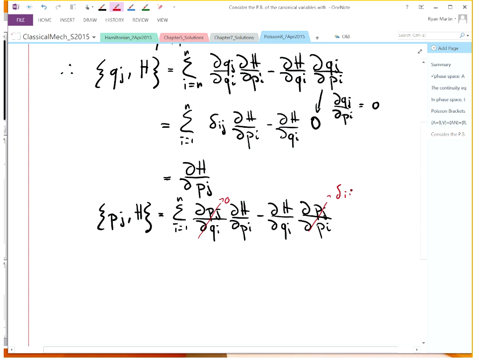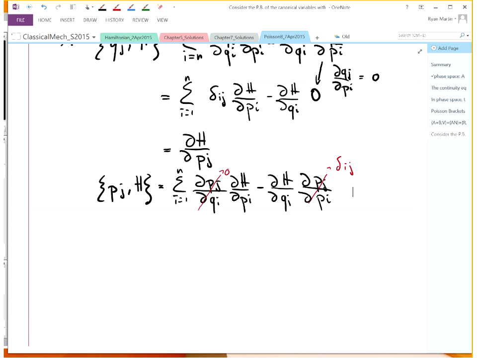And then the ∂pj/∂pi, that's again just the Kronecker delta. The pj's and pi's are independent of each other. And the only time that a partial derivative is non-zero is when the two are the same, and when they're the same, the derivative is 1. So again, the first term is 0. The second term is going to be the sum over i equals 1 to n of ∂H/∂qi times δij.